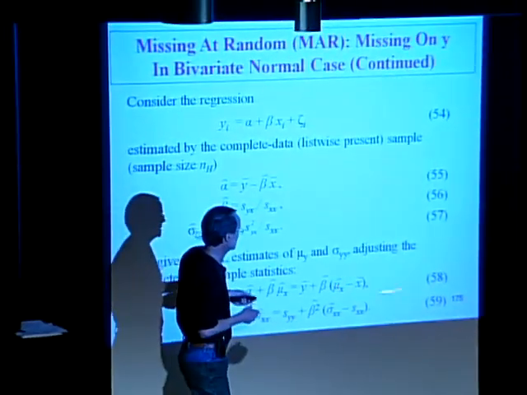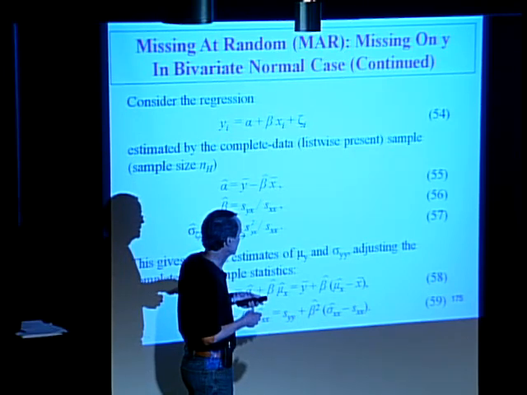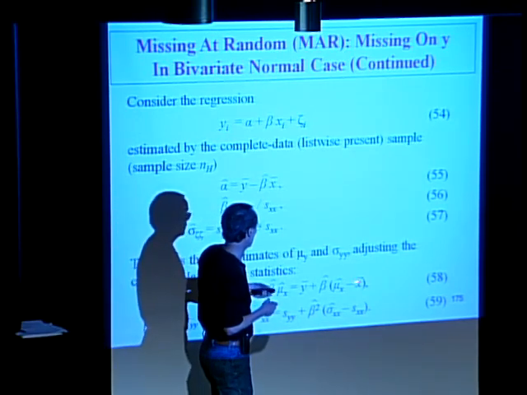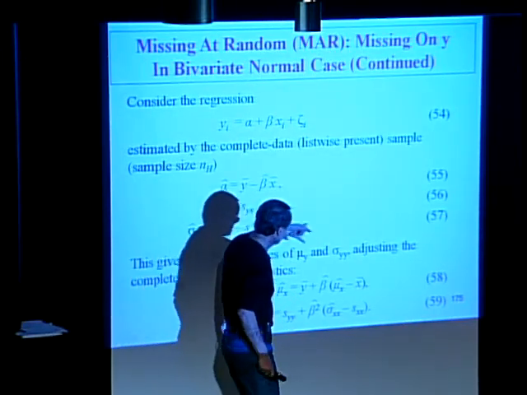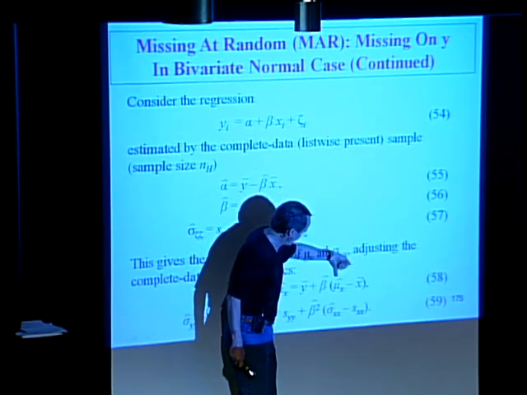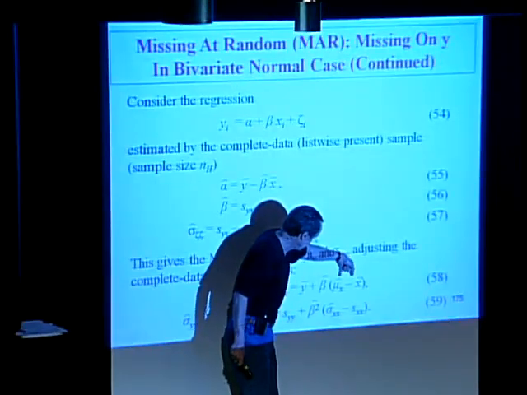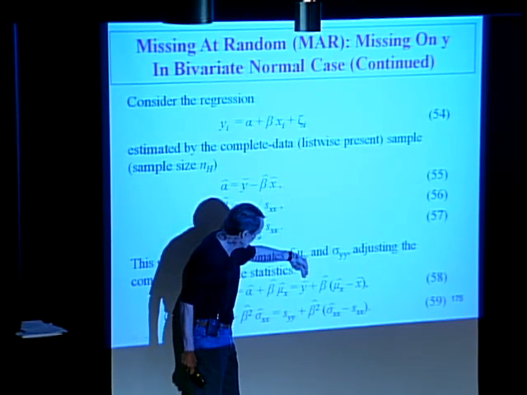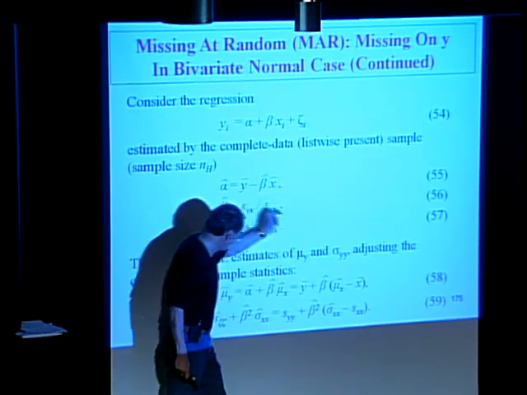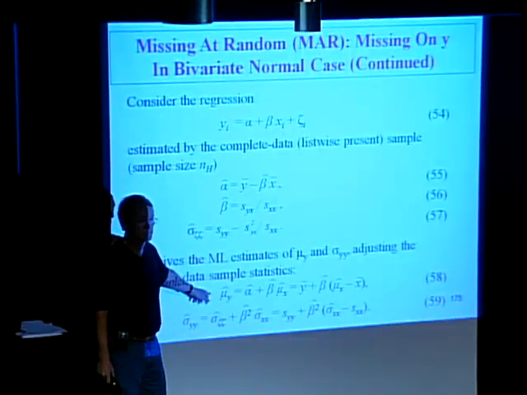Estimated mean of X uses all people, minus x bar being the people with listwise. So 2 estimates of the mean of X, using everybody and using those who have complete data. The difference there, multiplied by the regression coefficient, is how you want to adjust the listwise estimate to get the MAR, maximum likelihood estimate.